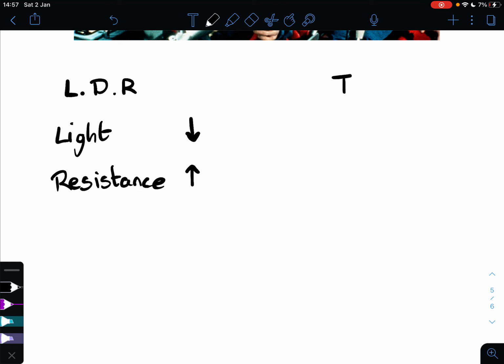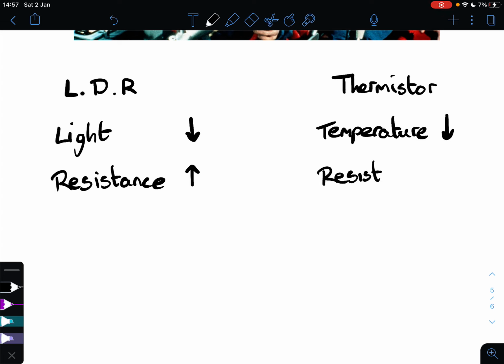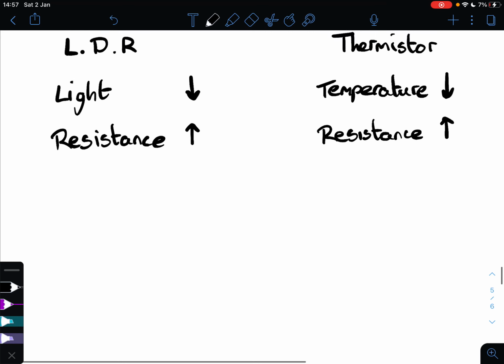Let's try it for a thermistor. Thermistor. Okay, and the question is, as the temperature went down, and by now you know it straight away, what happened to the resistance? Resistance went up. Thunderbirds method. But you can go one further. What if they then said, and describe the current?